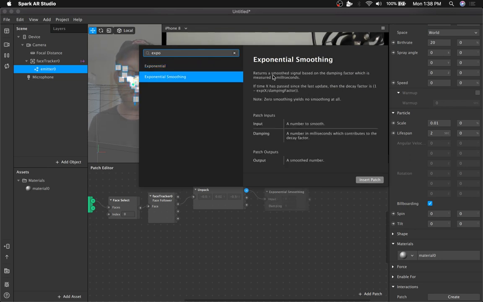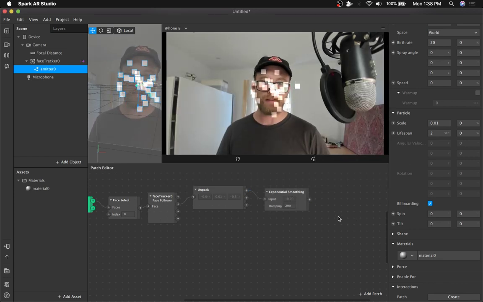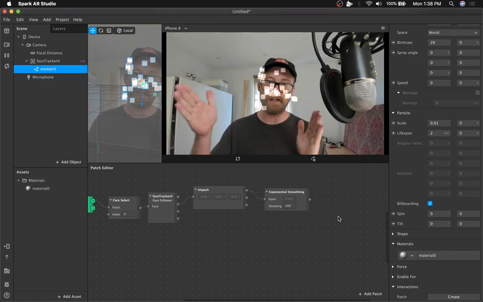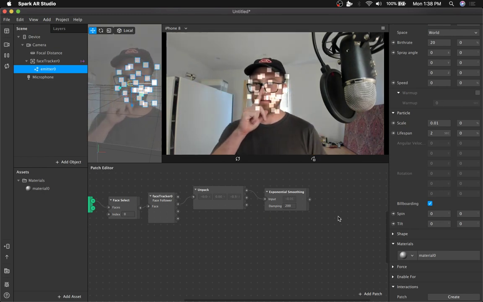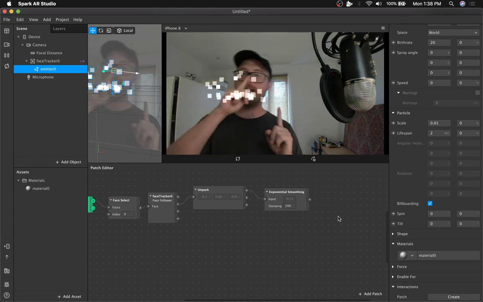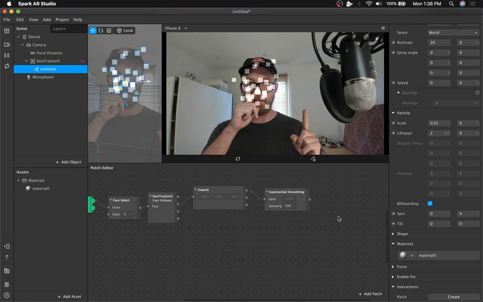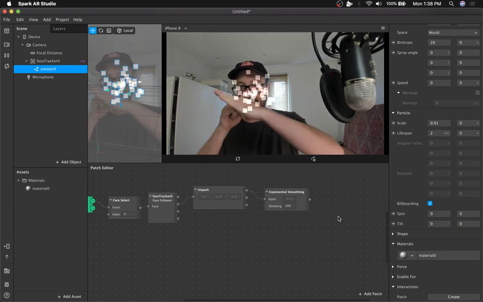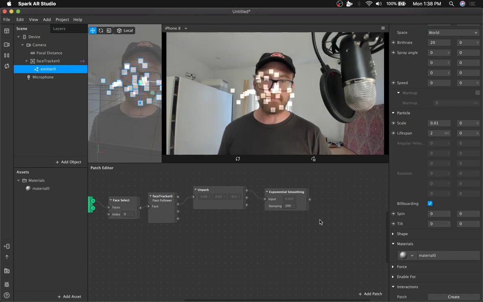You can see in the docs, it returns a smooth signal. So basically, it's tweening its current position to a target. The target is the current position of our face, so it's always going to be kind of behind. And then we can get the difference of those 2 points and tell which direction the face is traveling.